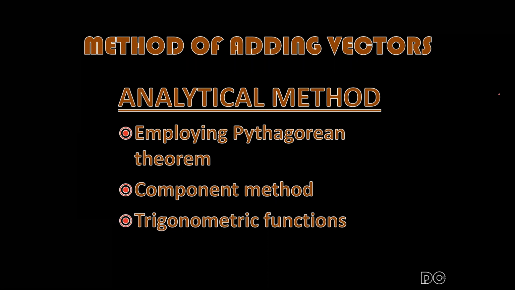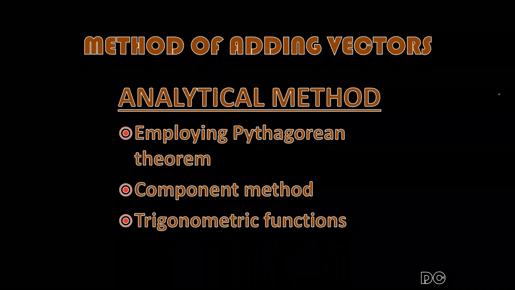But before we proceed with analytical method, first let's discuss how to add vectors if they act on the same axis. So how to add vectors or how to combine vectors if they act in the same axis. So what does it mean when we say they act on the same axis?